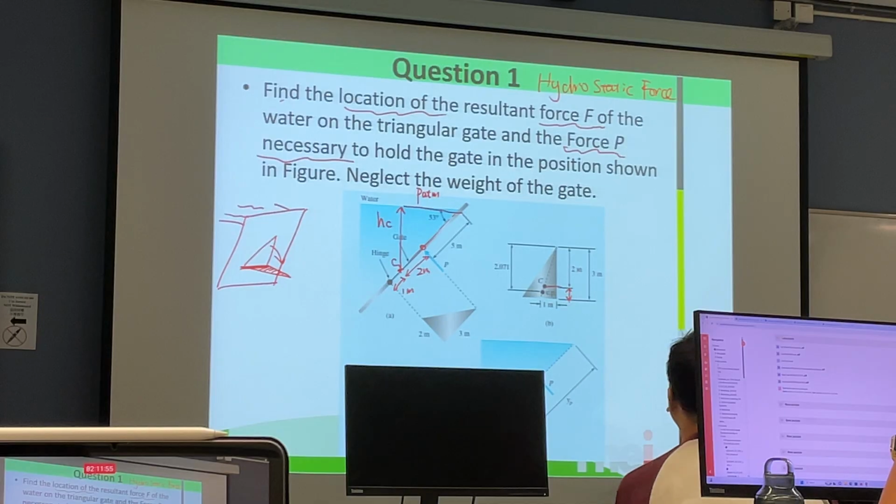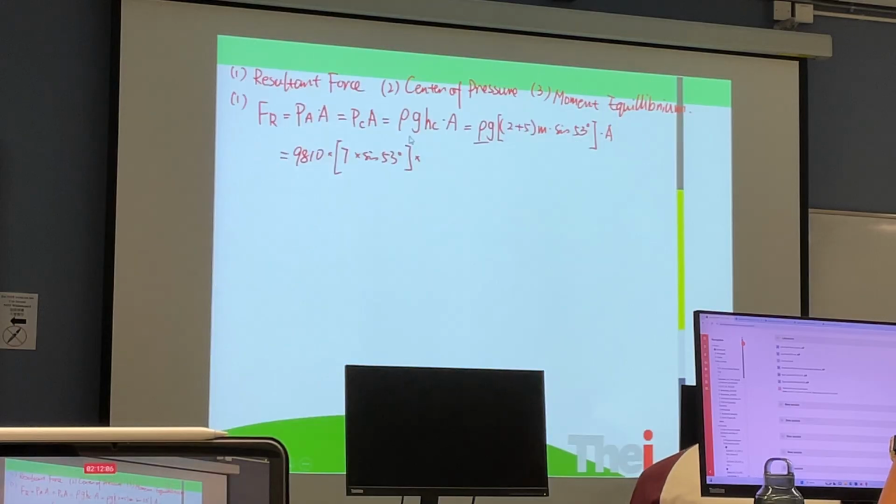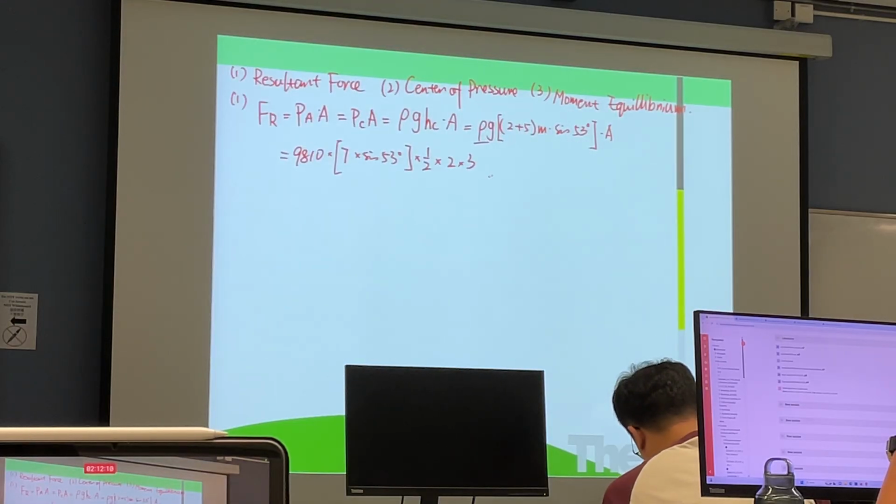The bottom width is 2 meters and the height is 3 meters. It is a right triangle here, so it's 1/2 times 2 meters times 3 meters for the area.